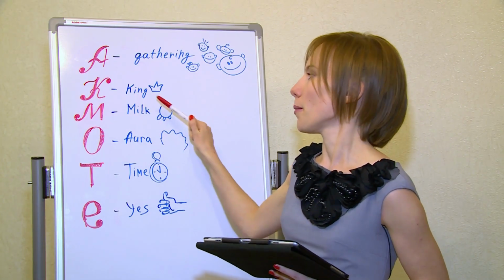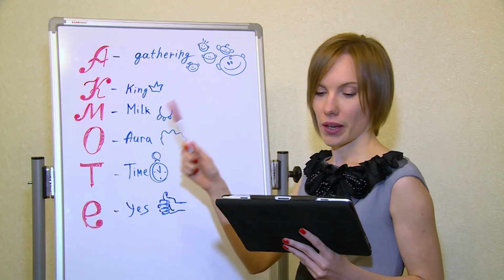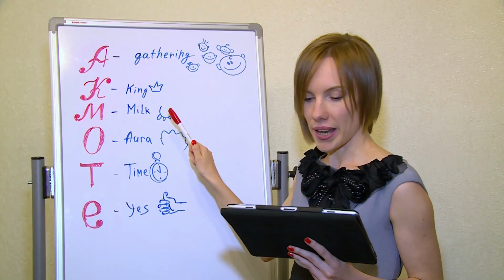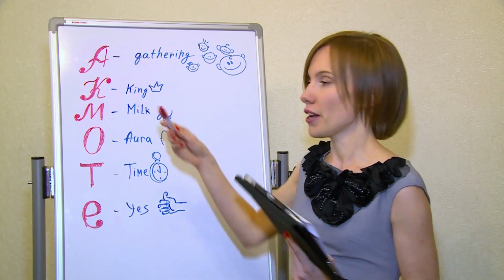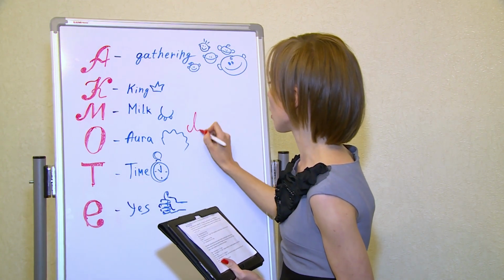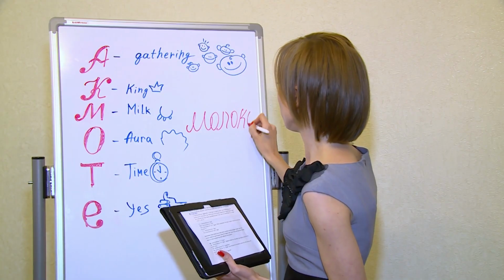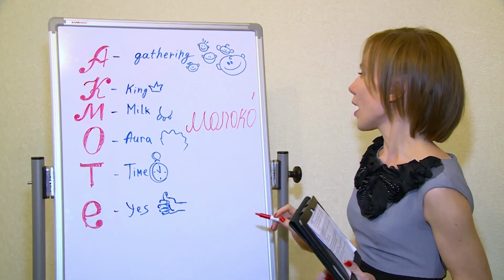M, milk. O, aura. When unstressed, this letter makes a sound similar to the Russian A. For example, the word молоко.